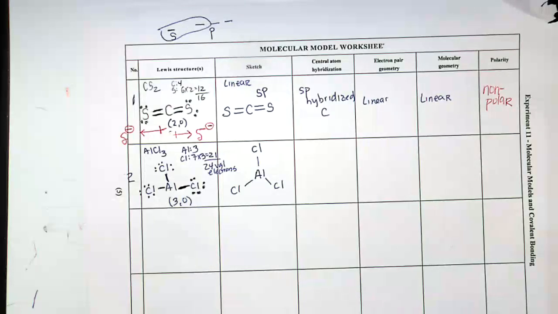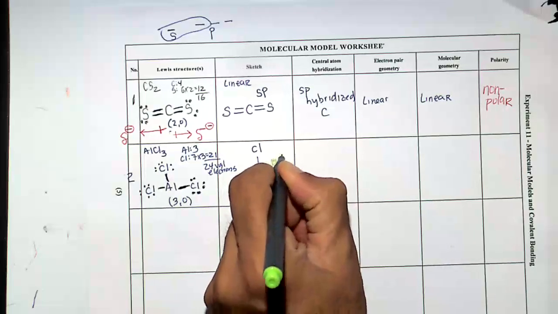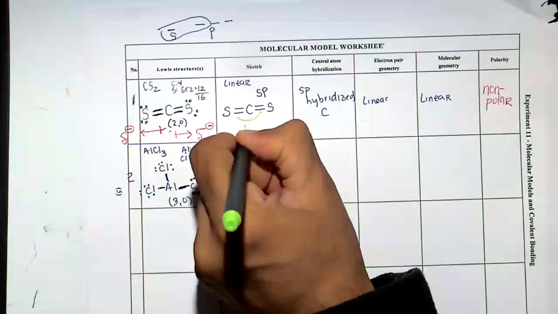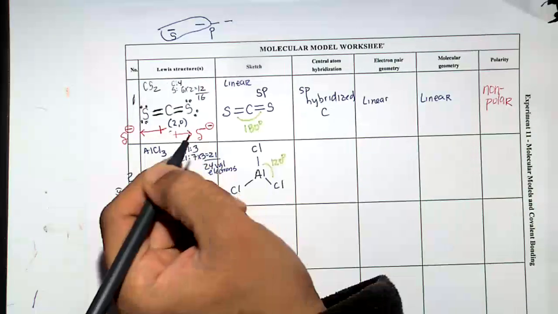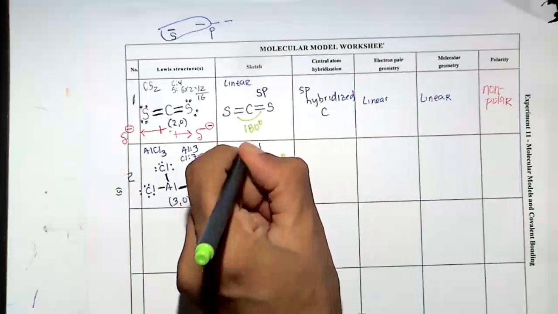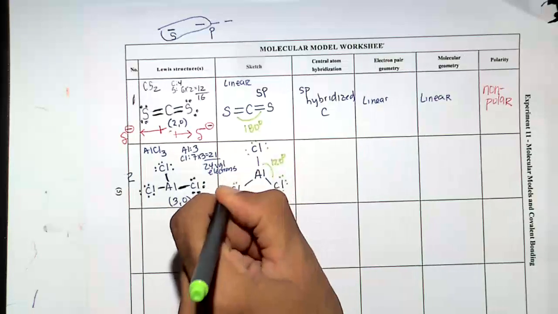This would be nice and perfect at 120 degrees. And as you guys stated correctly, this would be 180 degrees because it's a straight line. We can also put in our lone pairs if we want to here.